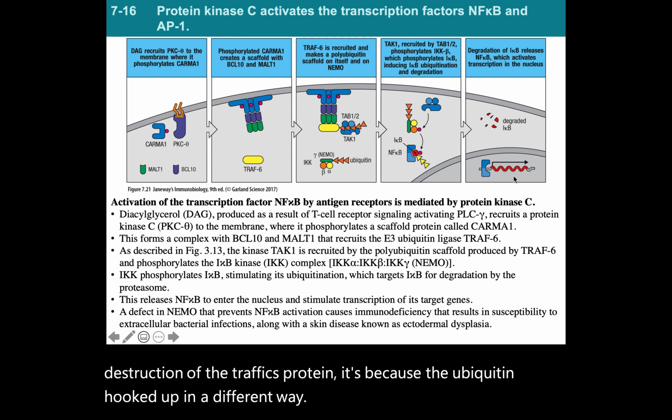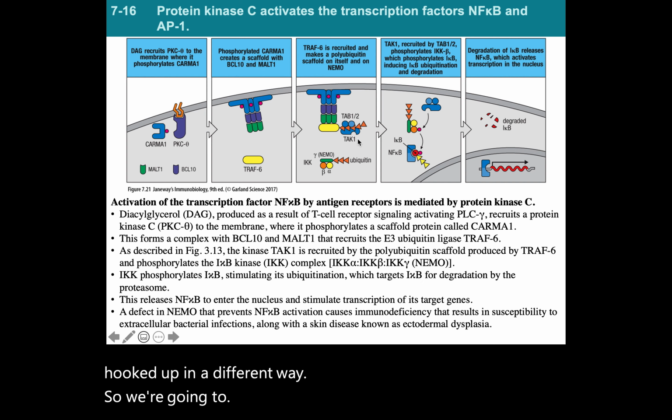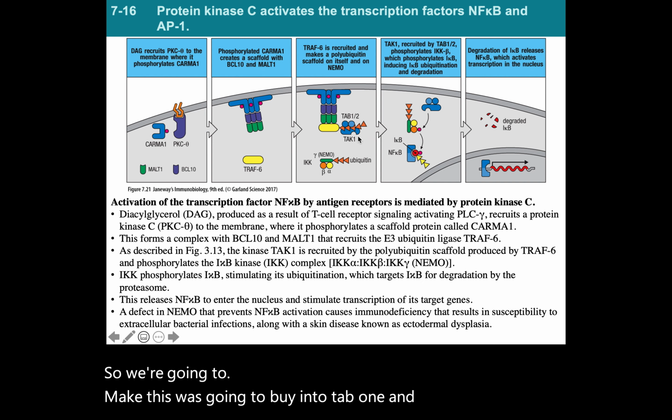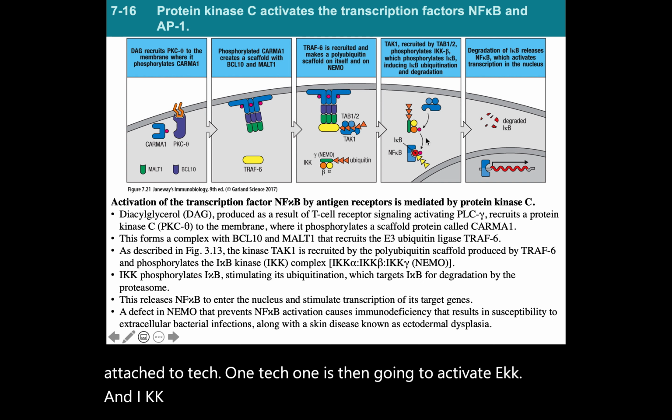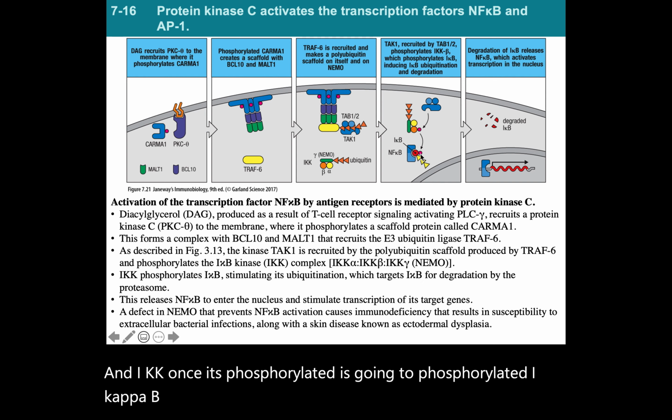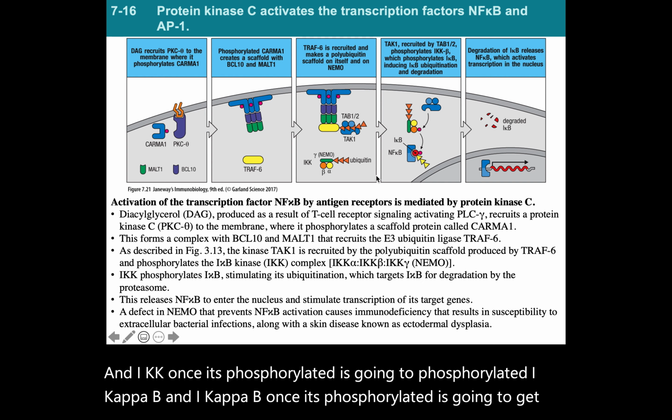So we're going to make this, which is going to bind to TAB1 and 2, which are attached to TAK1. TAK1 is then going to activate IKK. And IKK, once it's phosphorylated, is going to phosphorylate I kappa B. And I kappa B, once it's phosphorylated, is going to get polyubiquitinated and destroyed.